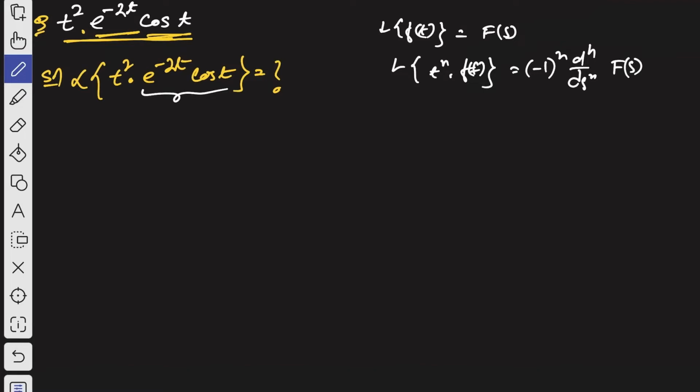That's what we are going to apply. So before that, considering this part as f of t, we find the Laplace transformation of e to the power minus 2t cos t.